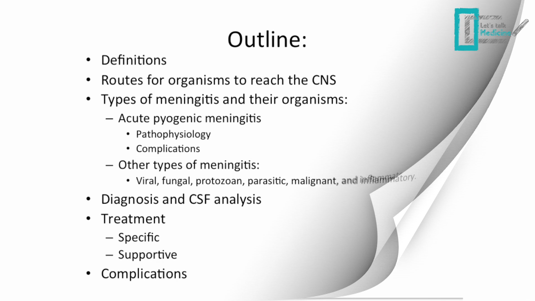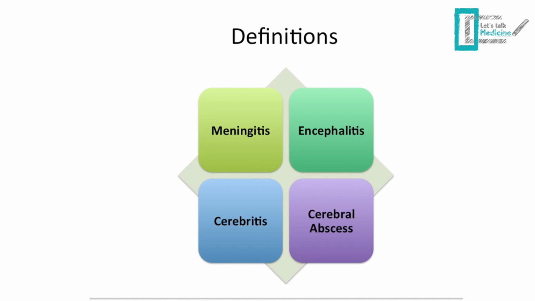So let's get started. Let's start with our first objective for today, which is the definitions. Four terms we have to differentiate between. Let's start first with meningitis. Meningitis is basically inflammation of the meninges, or the membranes that are covering the brain parenchyma or the brain itself.